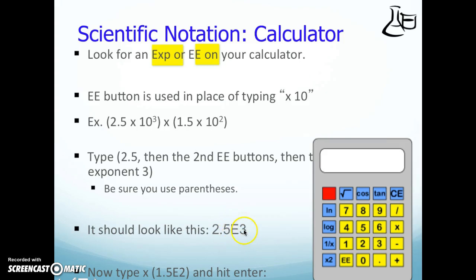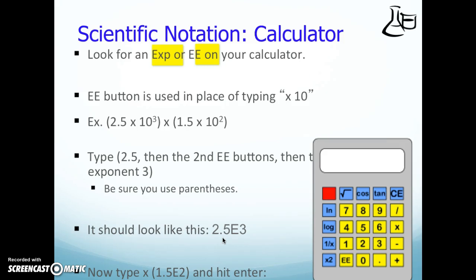When you see the E, I don't want you to be concerned. E means the exponent is 3. So if you get something like an answer that says 2.5 E3, that really means 2.5 times 10 to the third. So the exponent is there because it's assuming you know that an exponent is attached to a power of 10, so it's 2.5 in this case times 10 to the third. So sometimes people leave off the EE. You can't leave off the exponent if that appears as an answer in your calculator.